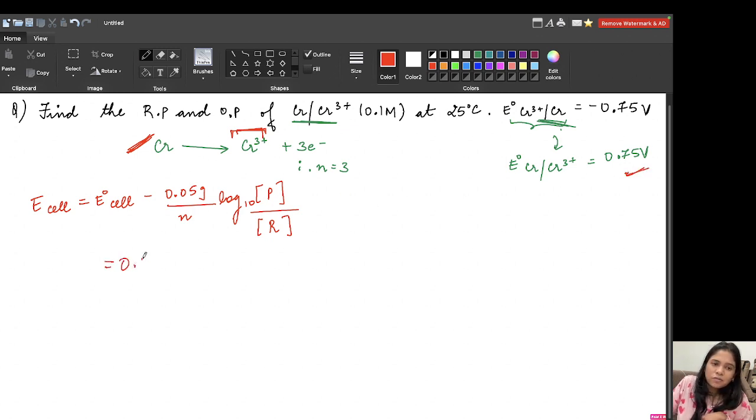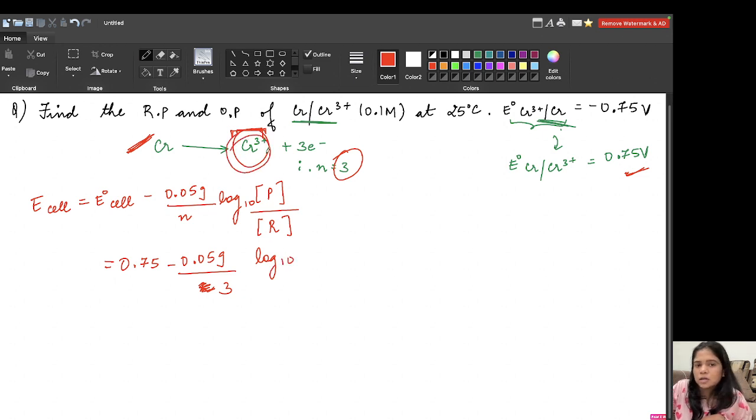So 0.75 volt minus 0.059 by 3, because you have 3 electrons here, log base 10 concentration of product. What is the product here? Product here is Cr3 plus. Cr3 plus concentration is 0.1. 0.1 divided by 1. Why 1? Because it's a pure solid.